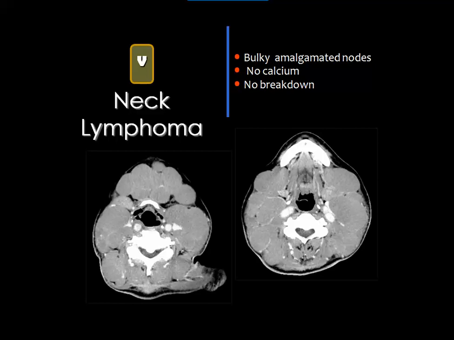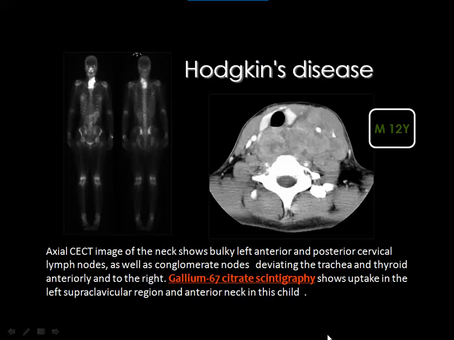And you remember that I always mention that lymph nodes of lymphoma are bulky and they are homogeneous and do not contain calcium. Then here you see bulky lymph nodes in the submental area and bulky lymph nodes deep to the sternomastoid muscle. They are homogeneously enhanced and they do not contain calcium and do not show areas of breakdown. Then whenever you see appearances like this, you think of lymphoma.